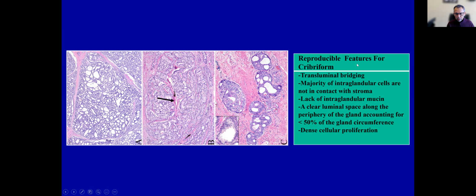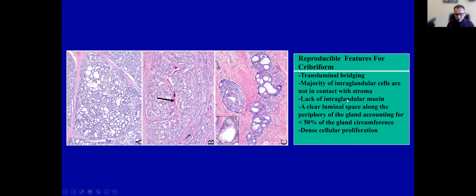Some of the reproducible features for cribriform cancer glands include transluminal bridging, meaning the proliferation should be end-to-end, not only part of the gland. The majority of intraglandular cells are not in contact with the stroma, so there should not be stroma running in between these glands.